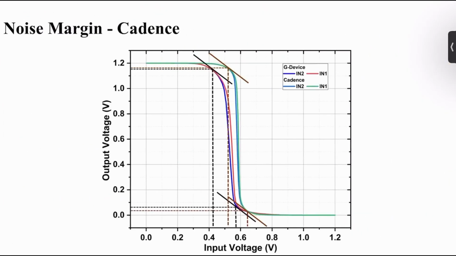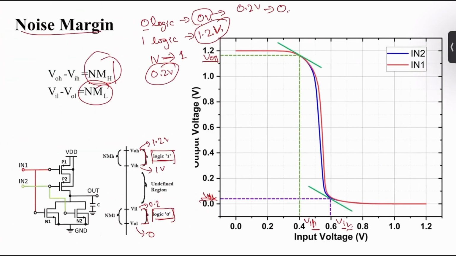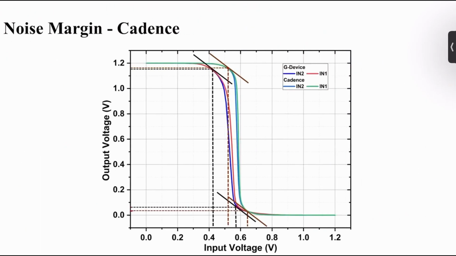And here also we can see noise margin with Cadence. I simulated the voltage transfer curve with Cadence also. Here we can see Cadence VOH is a little bit higher than the VOH of the G device, and VOL is a little bit lower than the G device VOL.